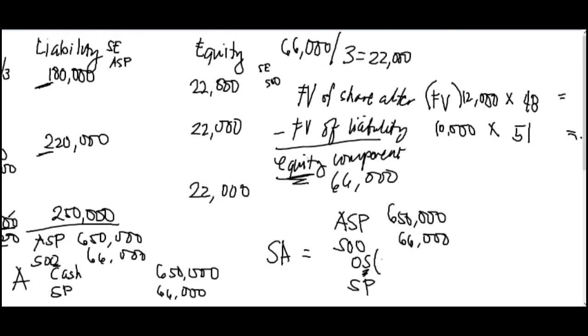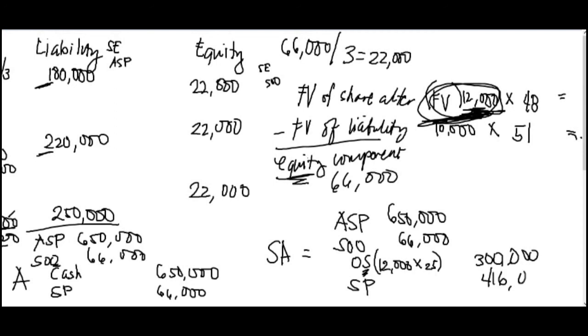Dito, ang multiply mo dito is yung 12,000. Ma'am, saan galing yung 12,000? Yun yung papamigay mo sa job kapag ang pinili niya ay share alternative, this one. Okay? 12,000 times par value niya, hanapin mo sa problem, given ang par na 25 pesos. Kaya, 300,000. And then, balance and figure share premium, 416,000.